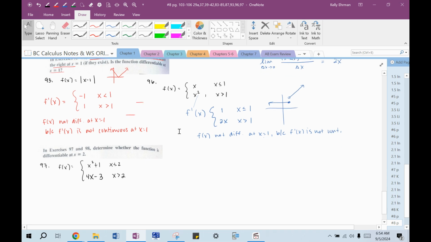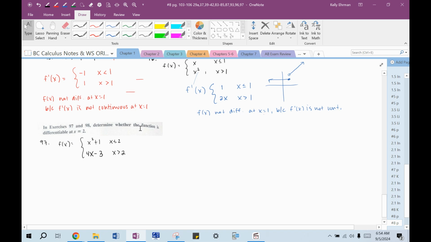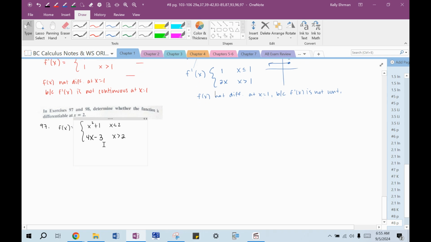All right. 97. This is our last problem. Determine whether the function is differentiable at x equals 2. So differentiable is, again, we want to think about the derivative graph. Or you could graph these two things and say, is this a smooth curve or not? That's kind of hard to tell. So I would go back to the idea of the derivative.